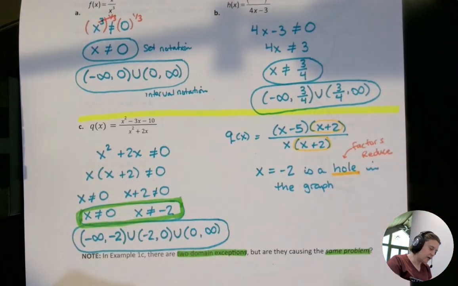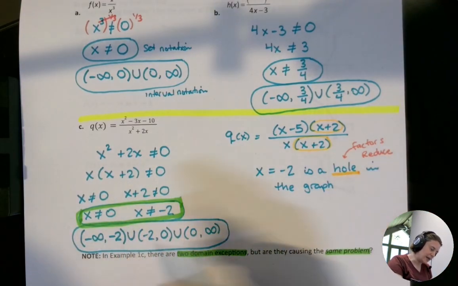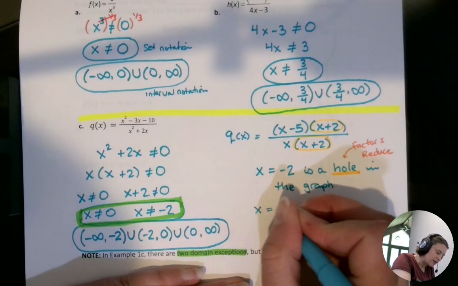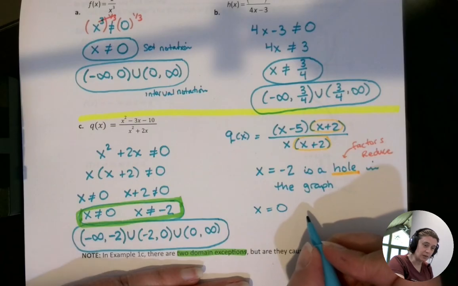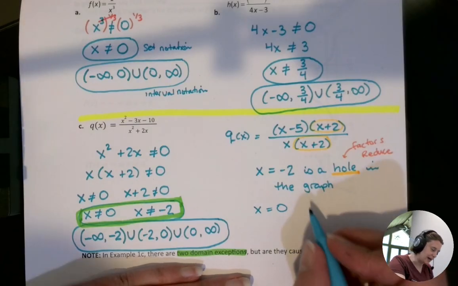And the other domain exception, the x equals 0, does not come from a factor that would reduce, so it's going to be the location of one of our vertical asymptotes.